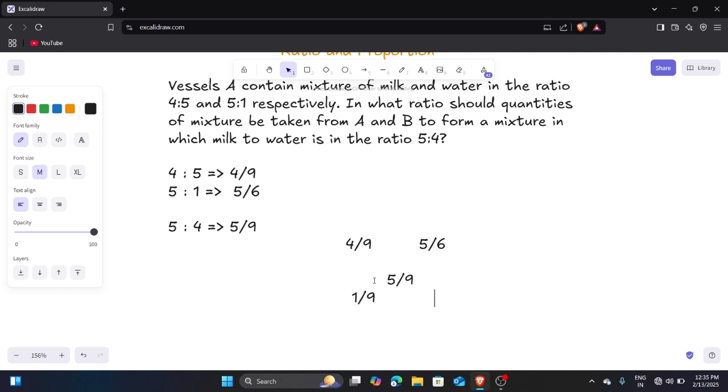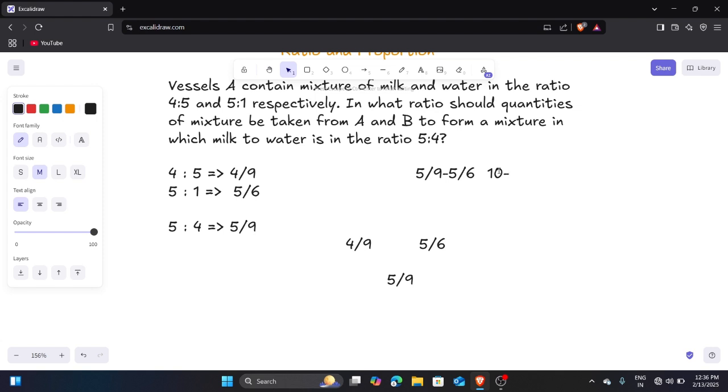And here you do the same thing. Sorry, here not the 1/9, we have to subtract 5/9 from 5/6. So let me see, 5/9 minus 5/6. Okay, so the LCM is 18, I think. So it's 10 minus, I think, 15.